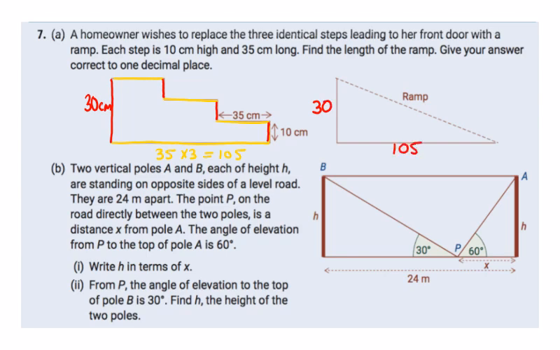So the length of the ramp, based on your knowledge of Pythagoras, the square root of 30 squared plus 105 squared, and we're asked correct to 1 decimal place. 109.2 correct 1 decimal place. And part B, we have 2 different triangles.